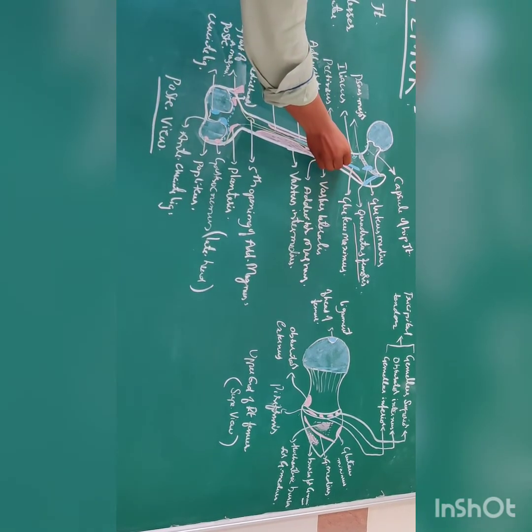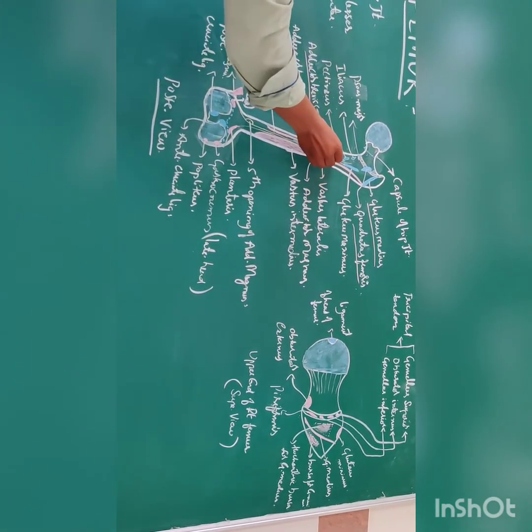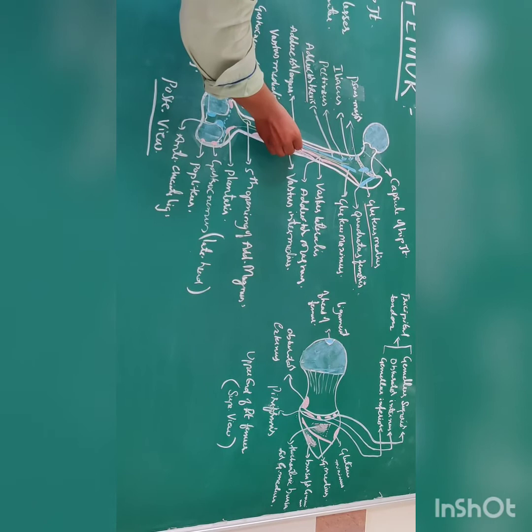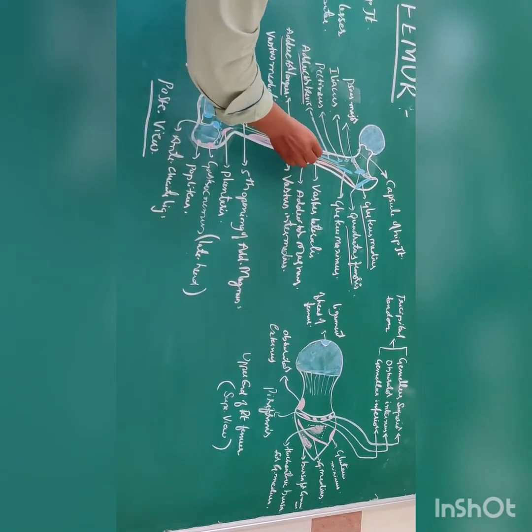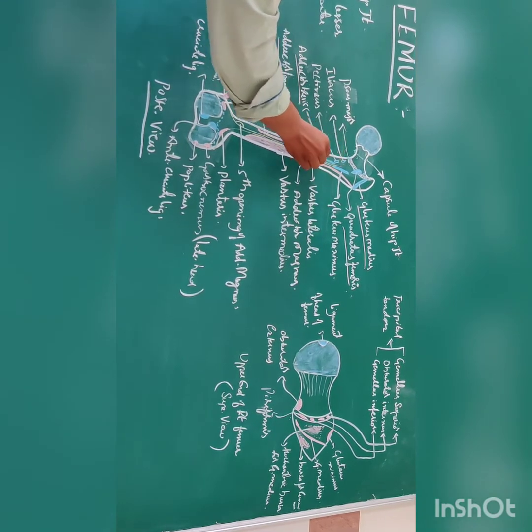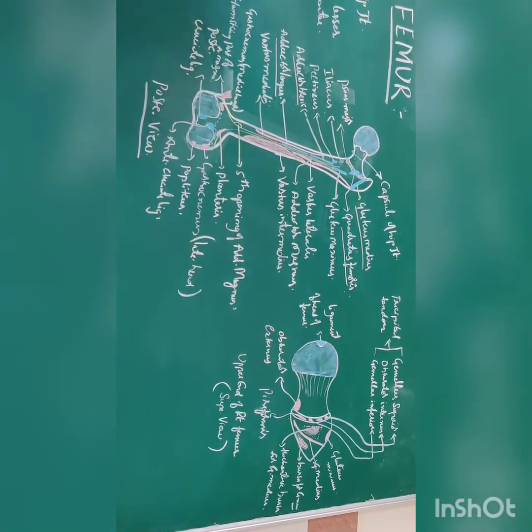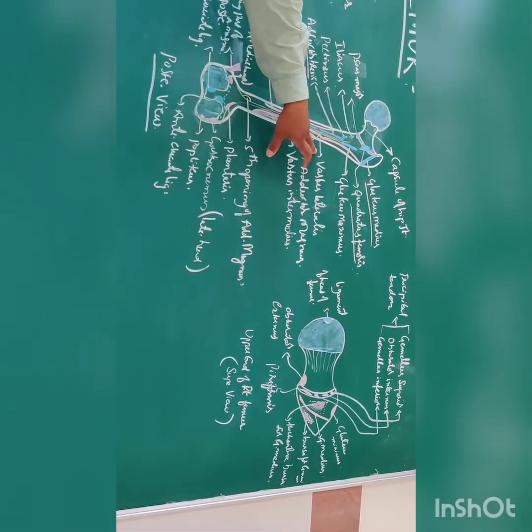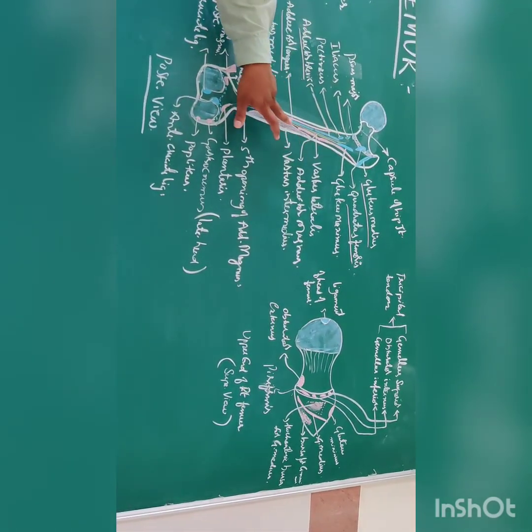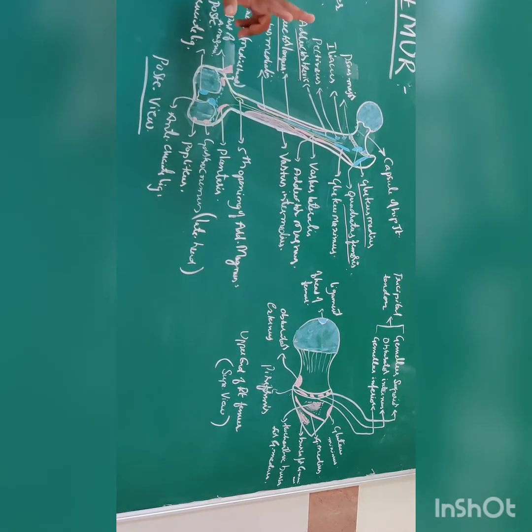Then you also have insertion of the adductor brevis, then the adductor longus, and you also have the attachments of the vastus medialis, the vastus intermedius and vastus lateralis to the linea aspera. Okay.